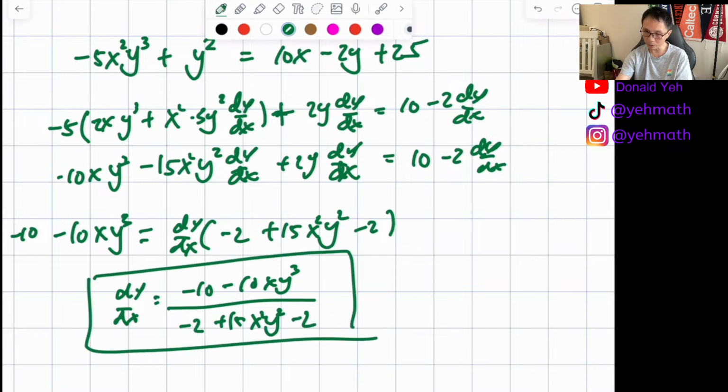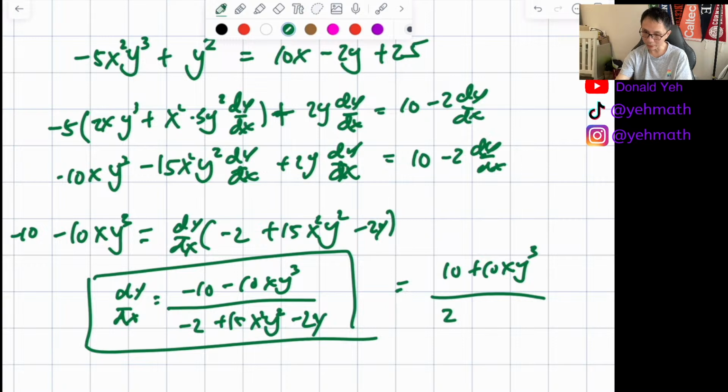Now some people do get different signs, so let's just say 10 plus 10x y to the cube over... One of the two should have a y on it, because when you factor out dy over dx, you're talking about this y. Yeah, I need 2y. So here it should be 2y. Okay, so thank you.